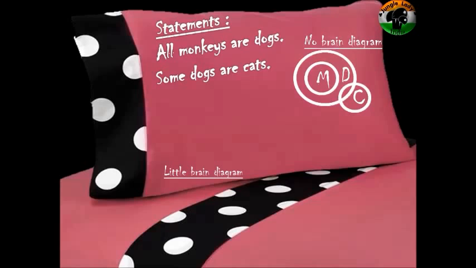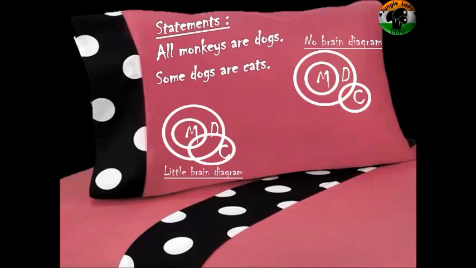Next, I am going to draw the little brain diagram. How to do this? Reading again statement 1, "all monkeys are dogs". Monkeys go as the inner circle and dogs are the outer circle. Reading the next statement, "some dogs are cats". Now there is a possibility that cats may even cover the monkeys like this, right? Now you compare the no brain diagram and the little brain diagram.